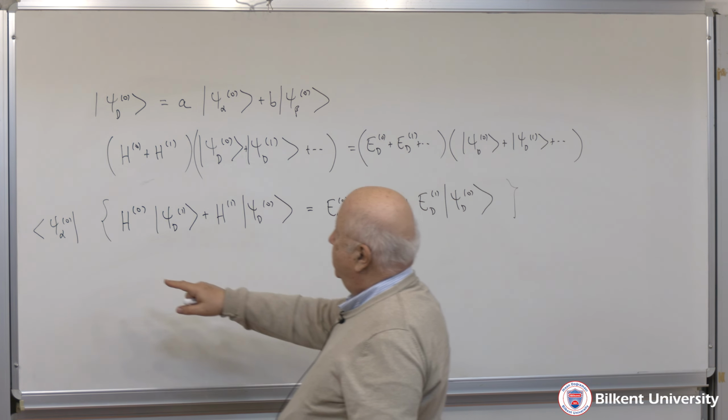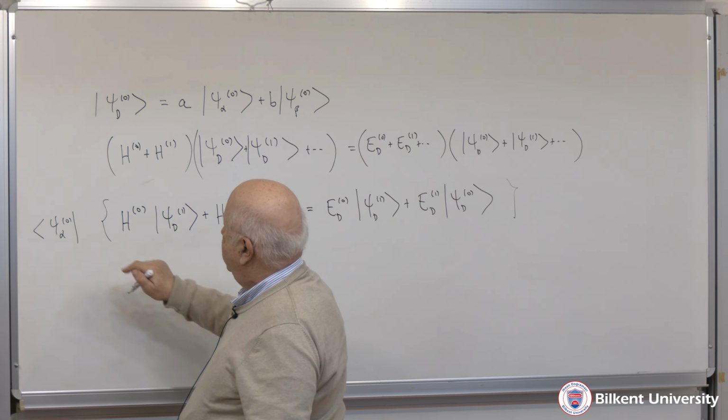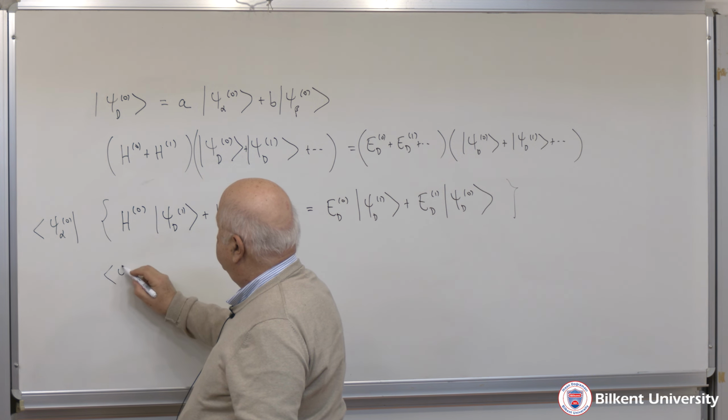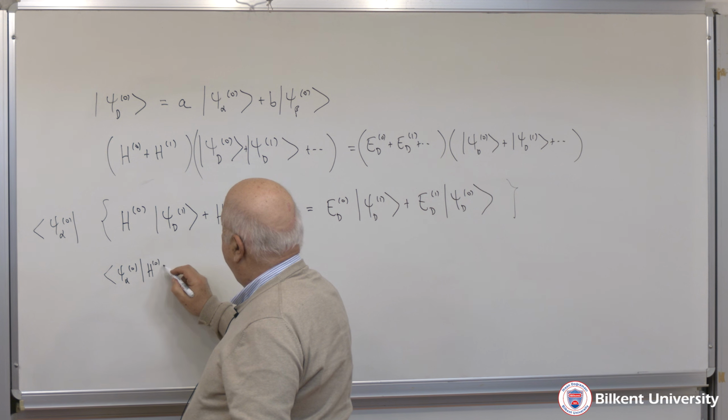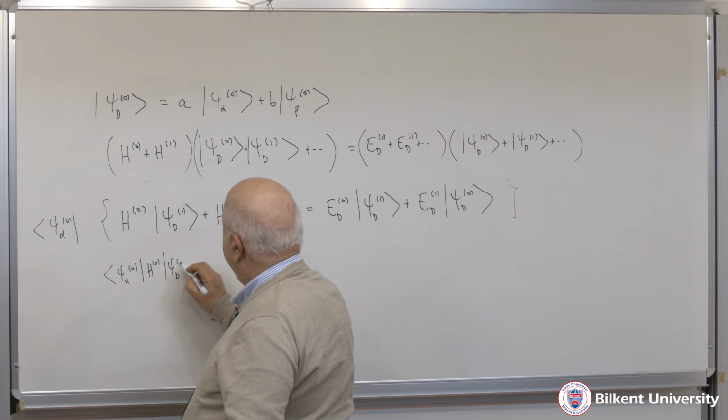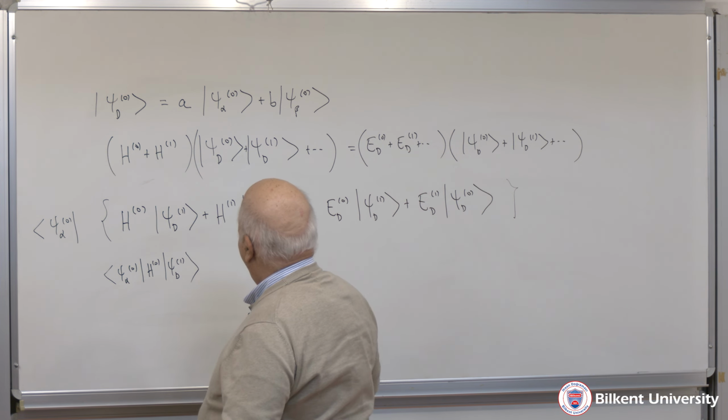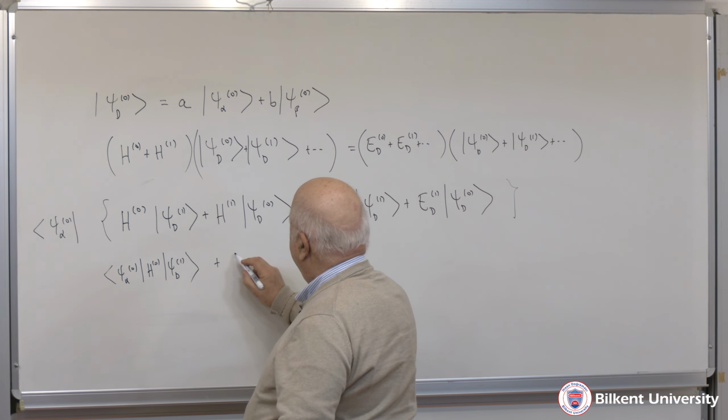So this first term here is going to be, let me just write it out, psi alpha 0, H0, psi d1. Let me write everything.